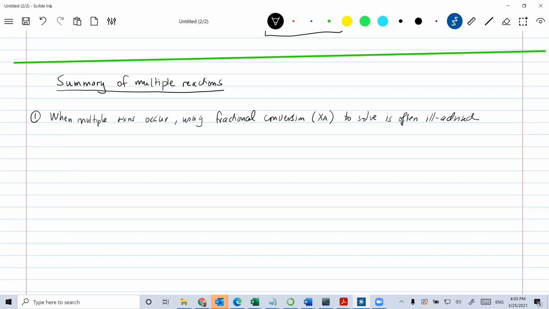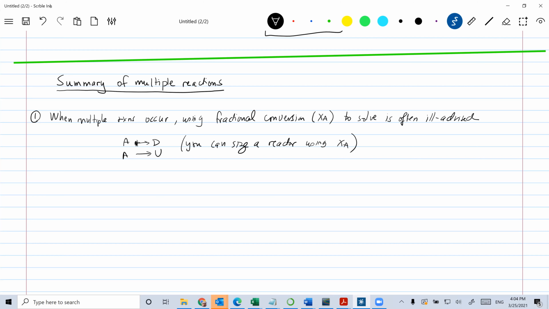And for two reasons. The first reason is that if you have a reaction like this, you can size a reactor using XA, right?